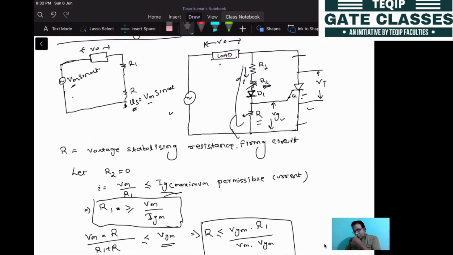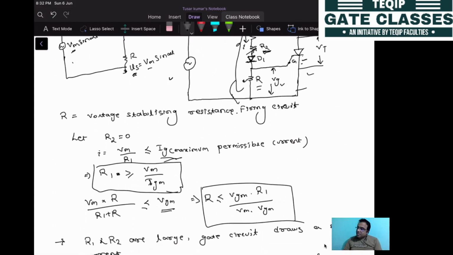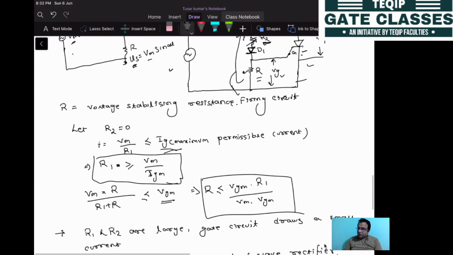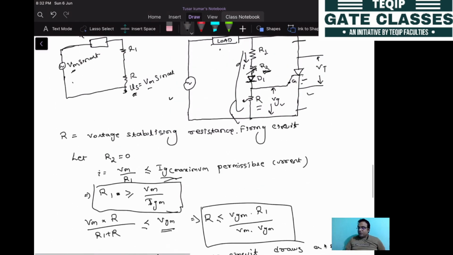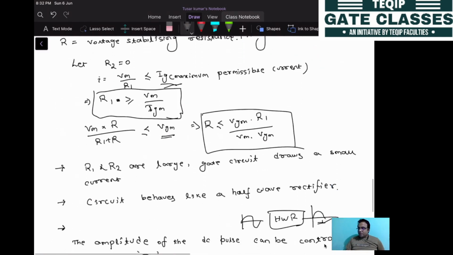If you want to vary the DC pulse amplitude, you have to vary the resistance R2. So if you vary R2, then the amplitude of the gate signal will be varied.